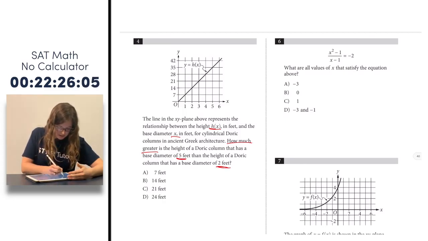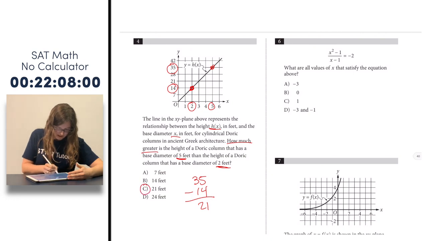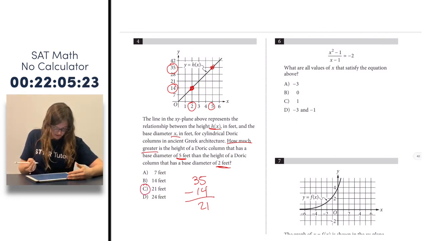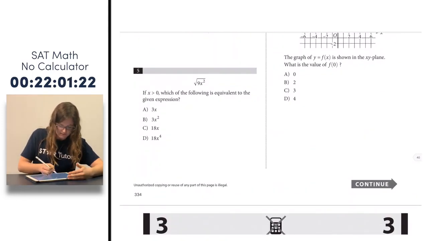If we have diameter 2 and diameter 5, we look at those points on the graph. Diameter 2 has a height of 14, diameter 5 has a height of 35. So I'm looking at the difference between 35 and 14. Subtract, 21 feet. That's the difference because it says how much greater. It's 21 more feet.